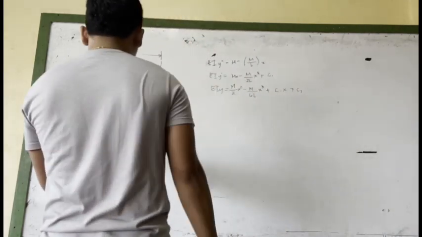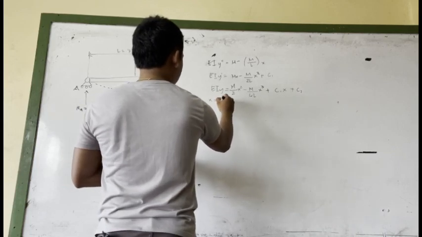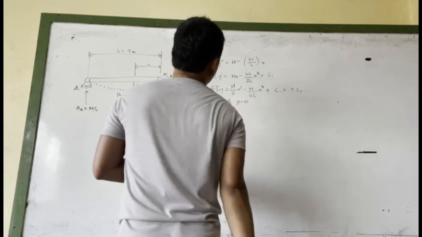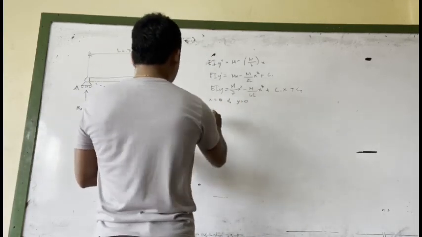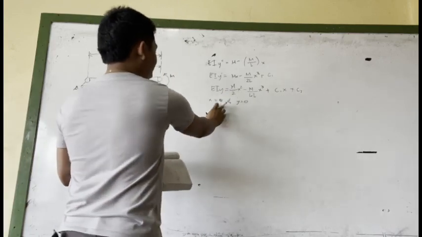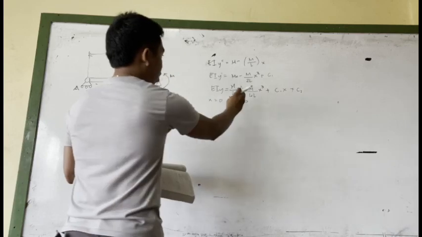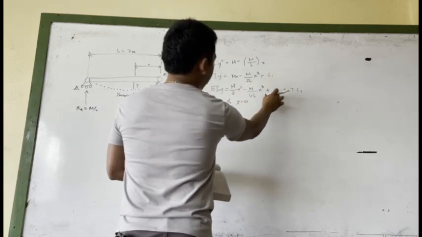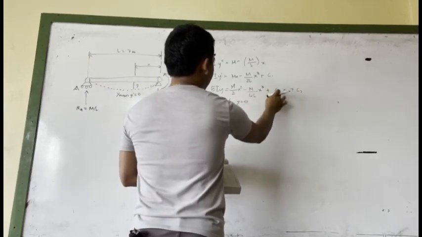So we will substitute x equals 0 and y equals 0 to get our C2 and C1. When we substitute the 0 value for x, every term that has x becomes 0.